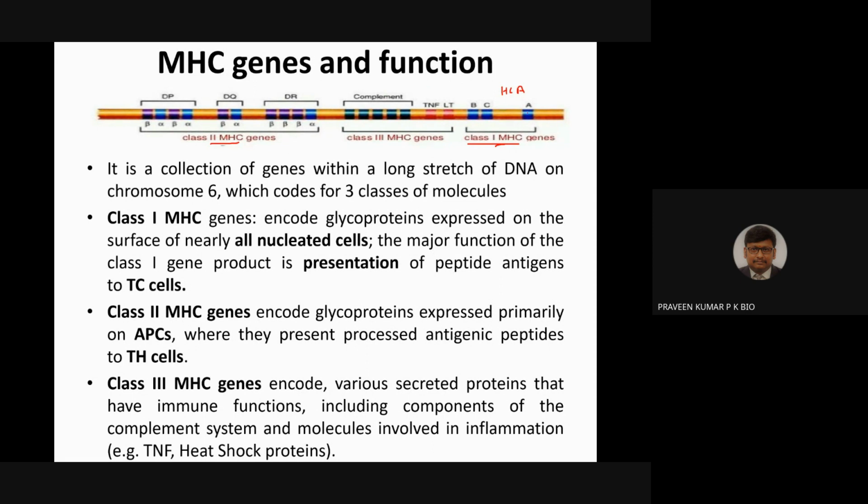And if you see the class 2 MHC genes, the major genes you can find even from the databases are DP, DQ, and DR. We also have other genes, but these are the major genes. Of course, we also have another kind, class 3 MHC, which is actually used for complement activation.